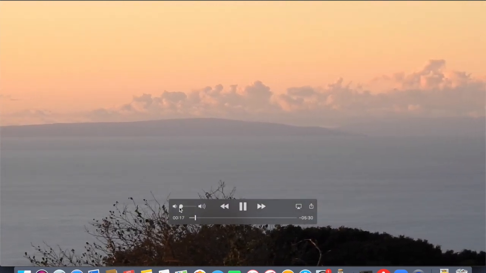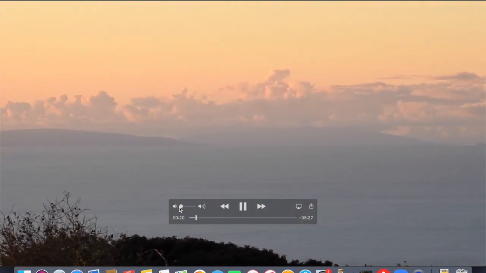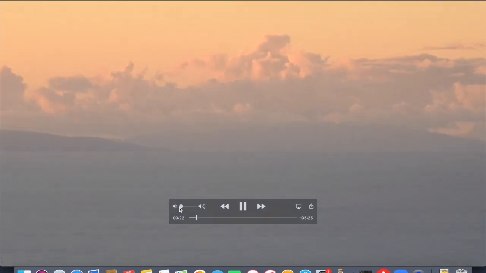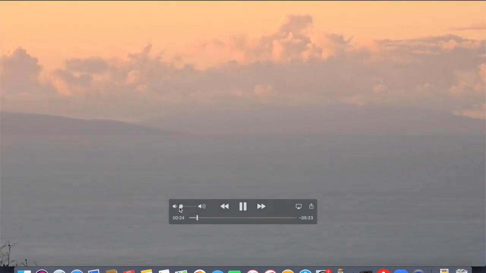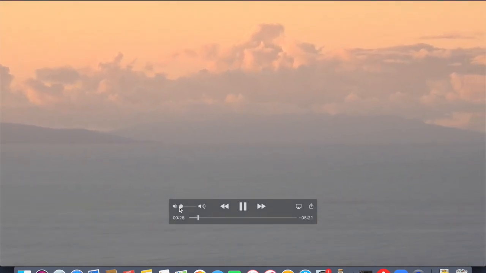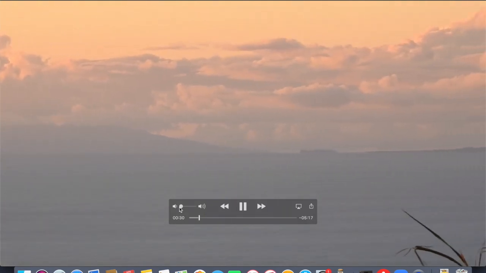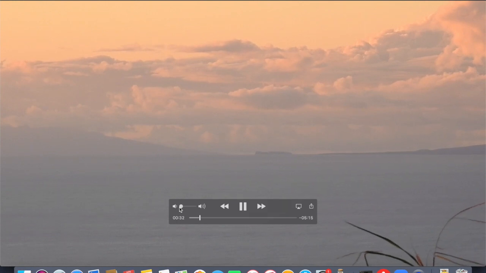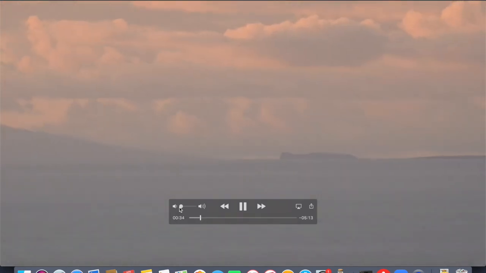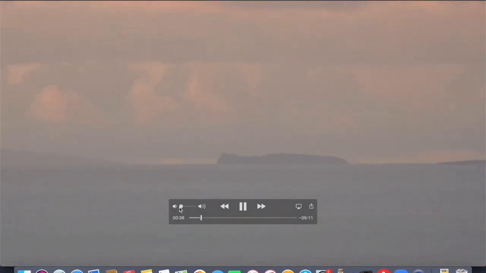And Lanai's got its top covered with clouds. But Lanai is bigger and taller than Kahoolawe. You can see Maui on the right side and Molokini in the middle.